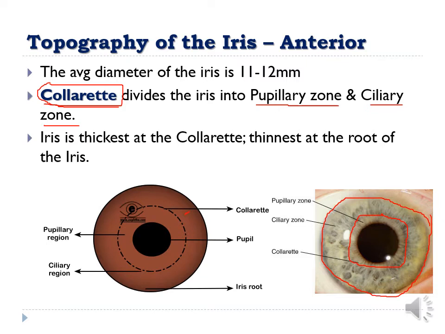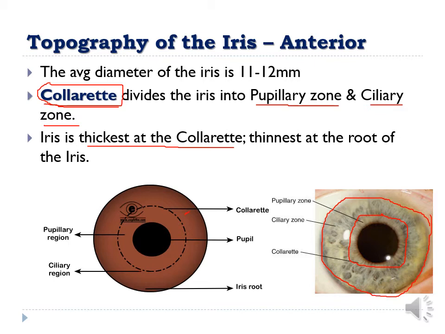Iris thickness is also not uniform. The iris is thickest at the collarette. In this picture you can clearly see there is a demarcation here. This demarcation is the collarette, and this is the pupillary zone. So the iris is thickest at the collarette and thinnest at the root of the iris.